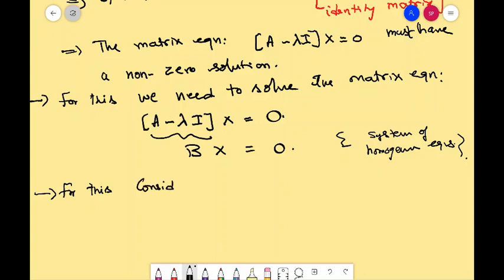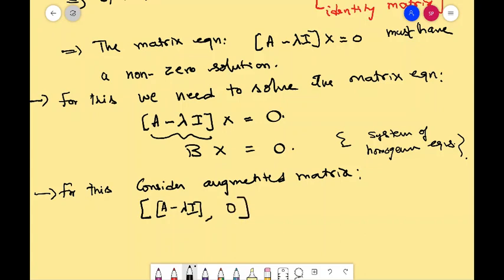Consider the augmented matrix [A minus lambda I, 0] and reduce it to echelon form.